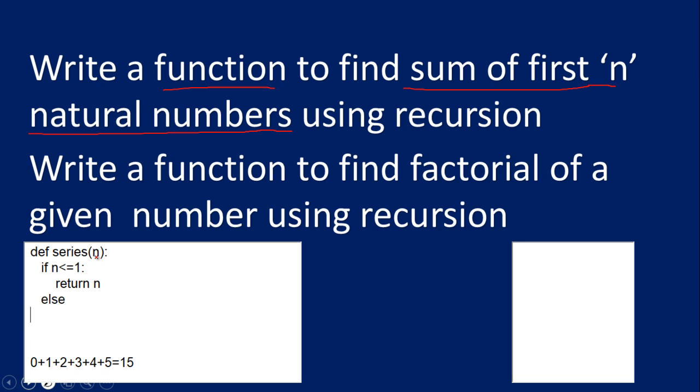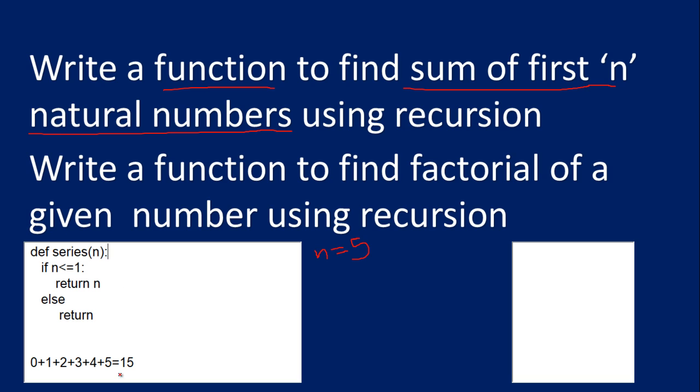Now this else part is most important. Okay, so return, then you know the last expression is 5 plus 4. Suppose when the user calls this function, it will send the value of n as 5. So n will get the value 5 over here, right?